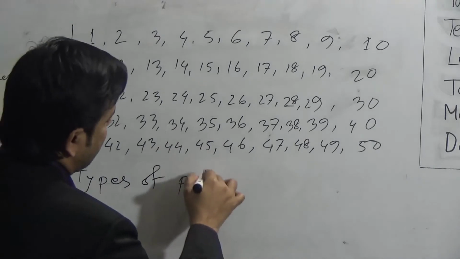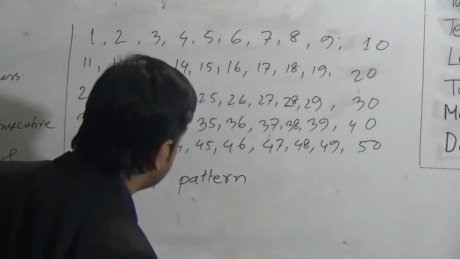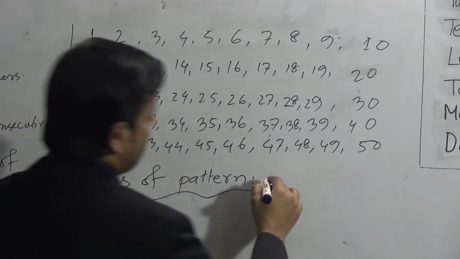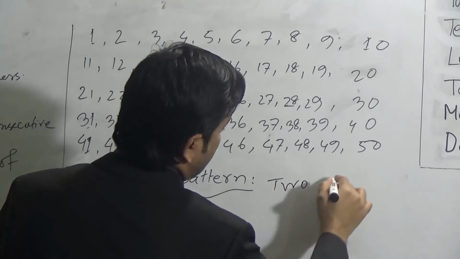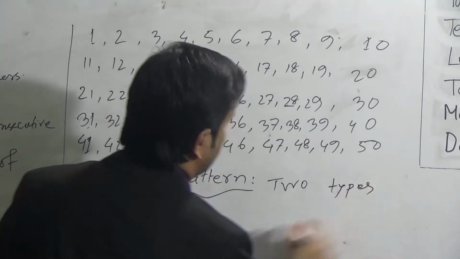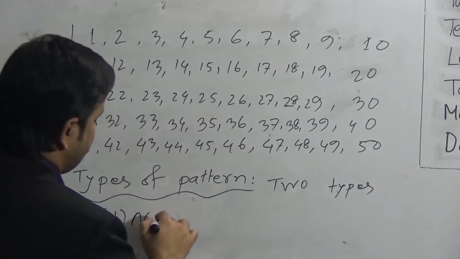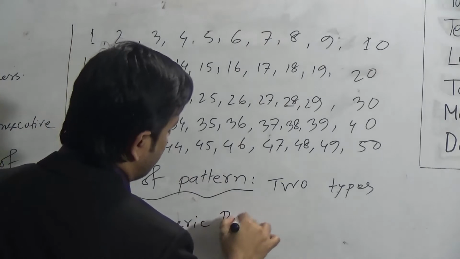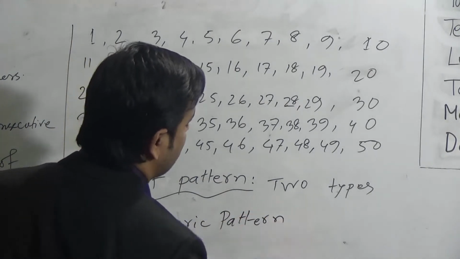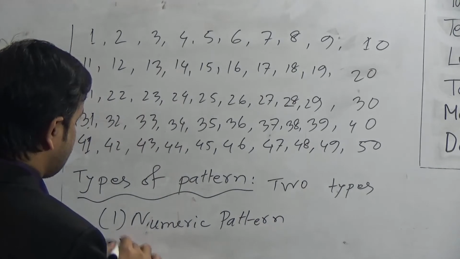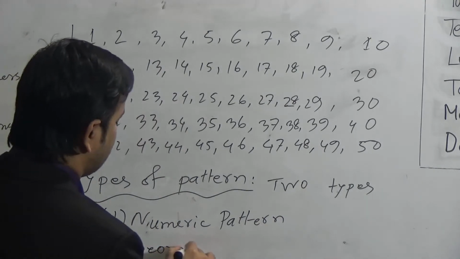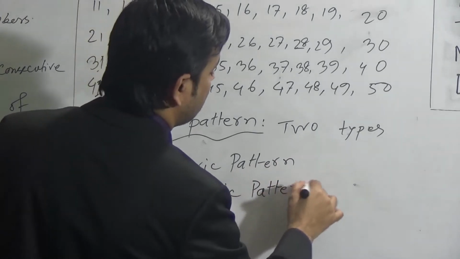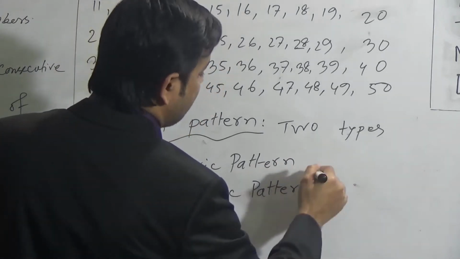There are two types. First one is numeric pattern, and second one is geometric pattern.